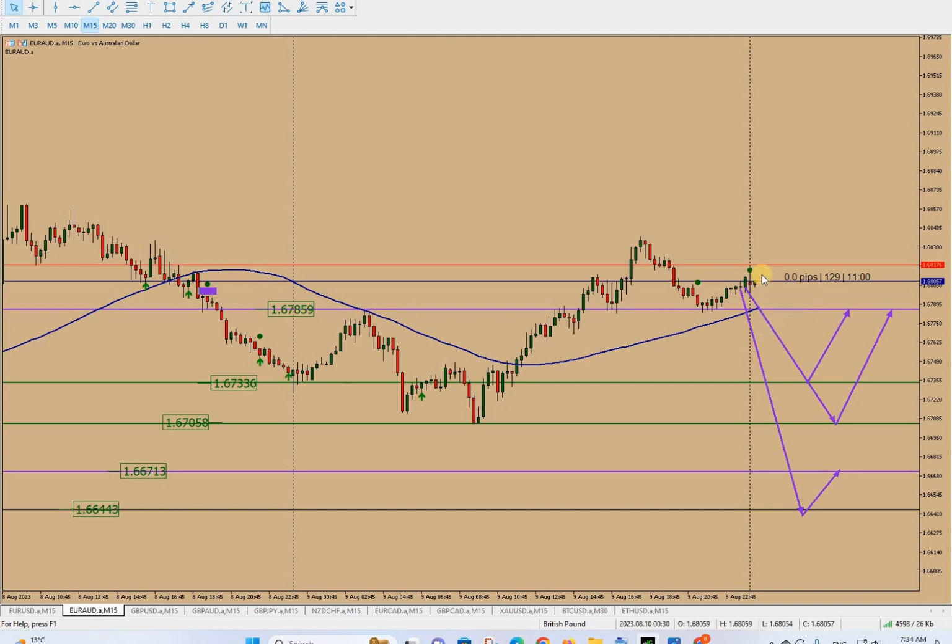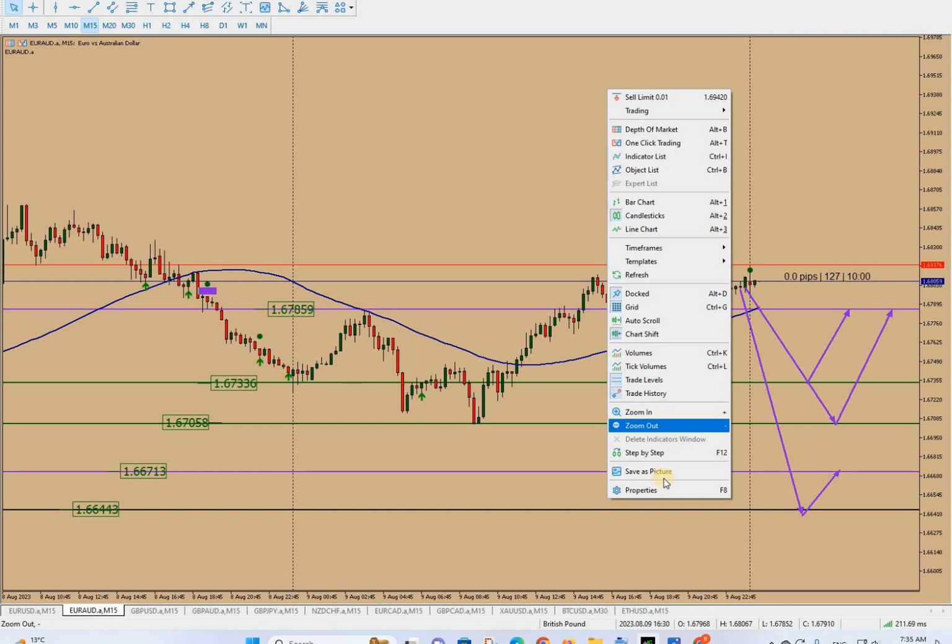The broker would charge you more commission. But when the ask price and bid price are on top of each other, that's the good time to enter the trade, and you lose less commission.